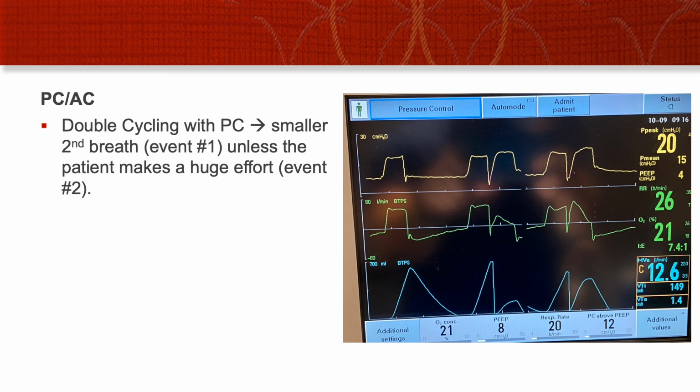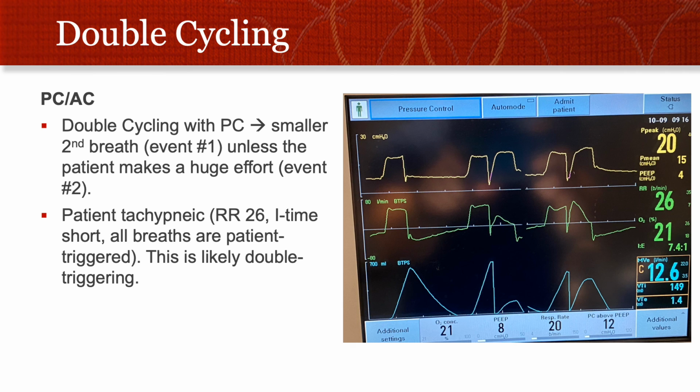And we see what looks like a little bit of a shorter inspiratory time. We see the patient is making these efforts, and they're making that second big effort in the rightmost event of the double cycling. And we see that all of these breaths are triggered by the patient.